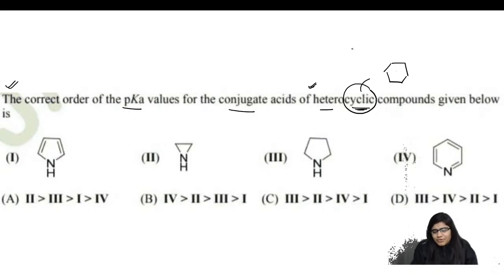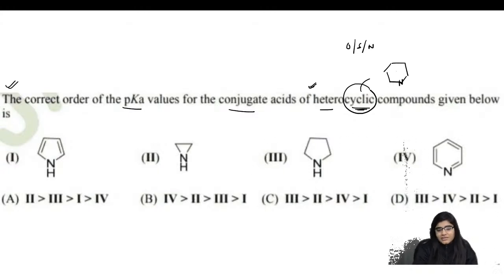Now what is this heteroatom? Generally we consider oxygen, sulfur, nitrogen, all these atoms as heteroatoms. So whenever you have a heteroatom, let's suppose nitrogen, which is making a ring, those types of compounds are known as heterocyclic compounds. I hope this point is clear to all of you.